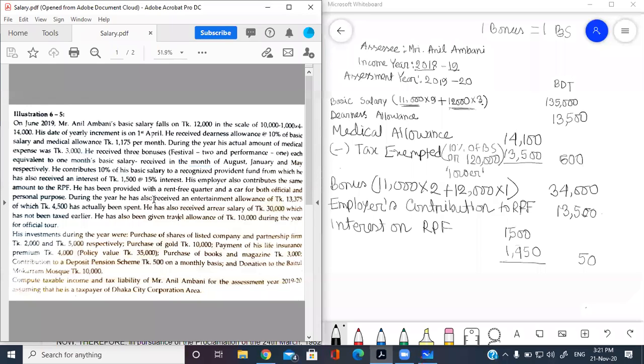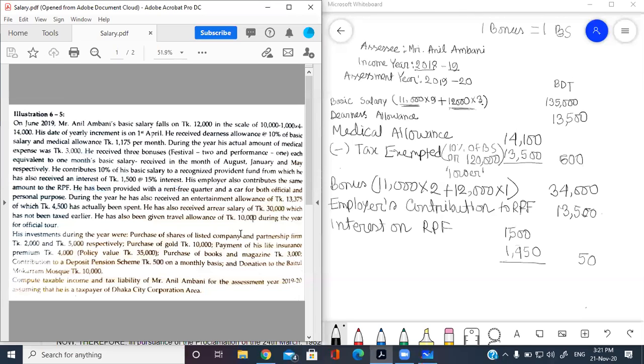Then he has been provided with a rent-free quarter and a car for both official and personal purpose. He has been provided with a rent-free quarter. Is it attractive for getting a job like Mr. Anil Ambani's, so that you will have a rent-free quarter? Yes, sir.